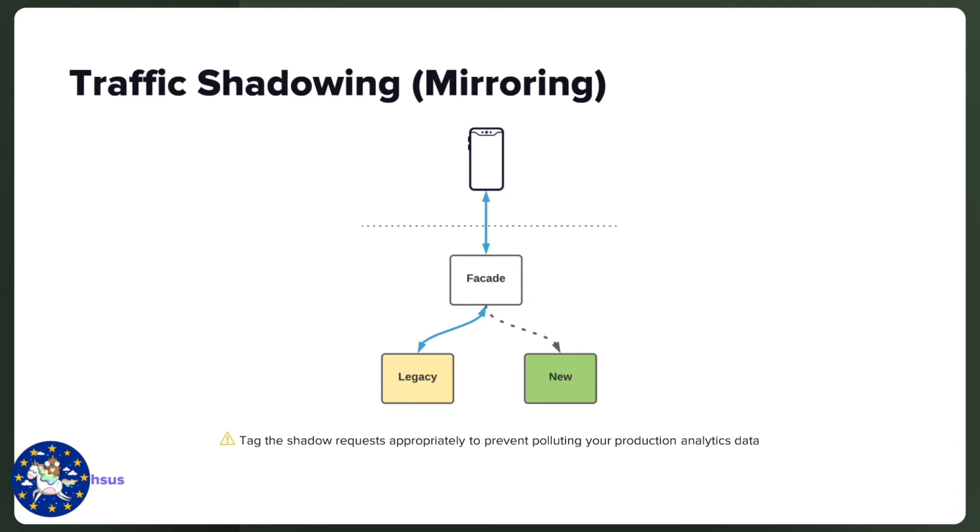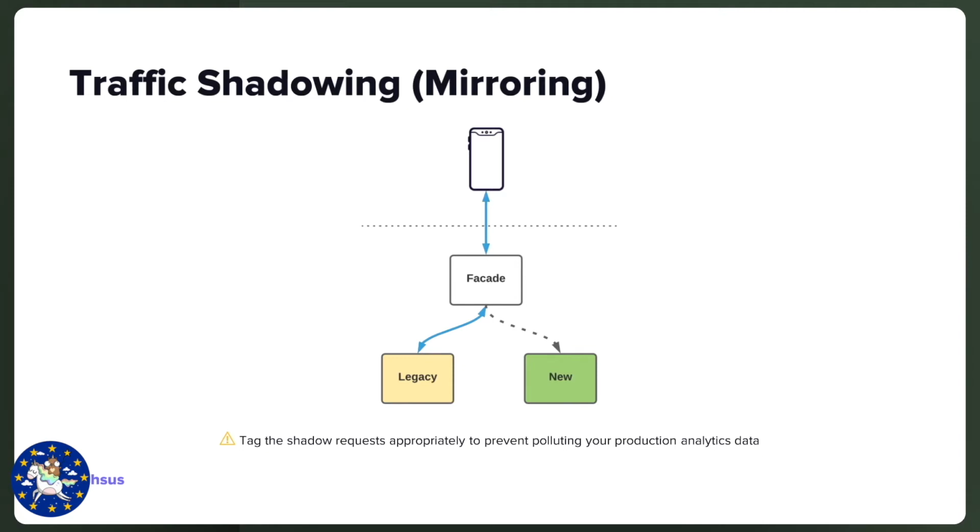As you see here in this figure, the facade is making a parallel call to both legacy and the new system, but it's only using the response that it gets back from the legacy system. The response from the new system is going to be discarded.